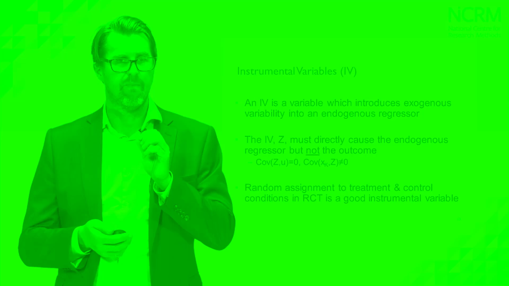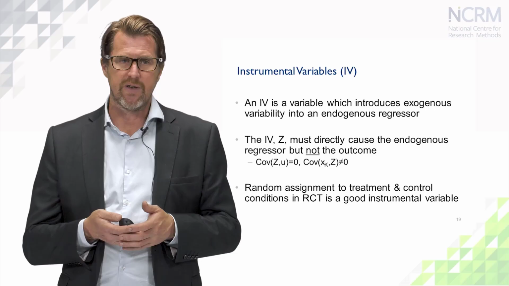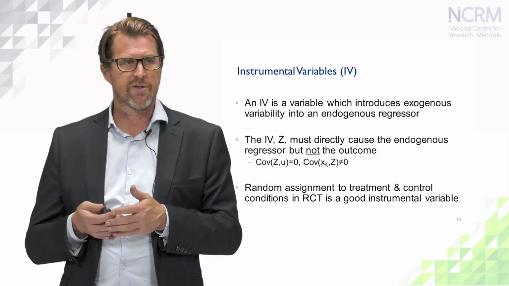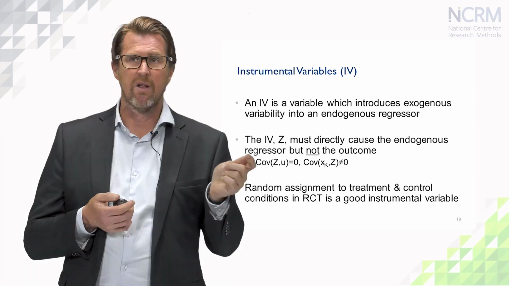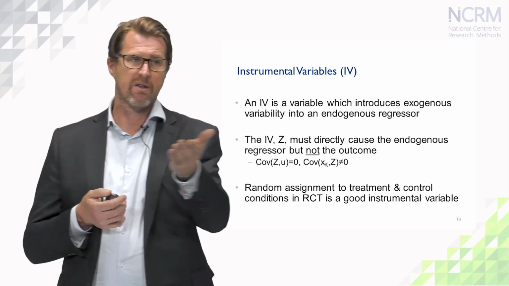Now, there are lots of different examples of instrumental variables that have been used in the empirical literature, and we'll come on to some of those. But one good way of thinking about an instrumental variable is the assignment variable in a randomized control trial. The randomization which determines whether someone is allocated to the treatment or to the control condition.